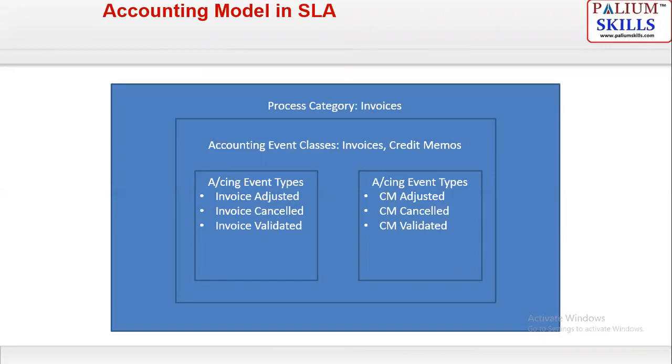And within the accounting event classes, you have accounting event types. Okay, what are accounting event types? Things like invoice adjusted, invoice cancelled, invoice validated. So these are individual actions based on which your accounting can happen.